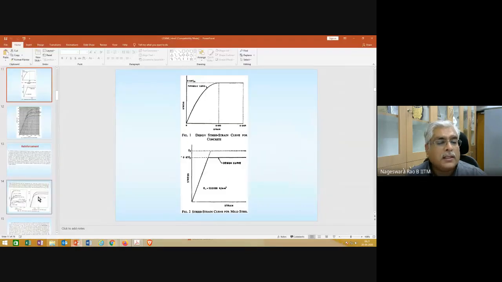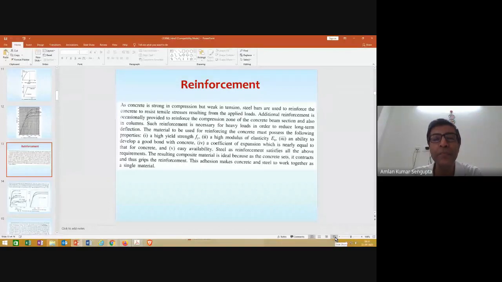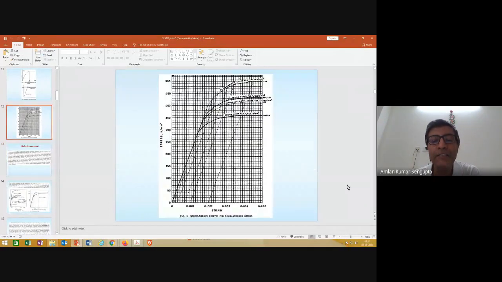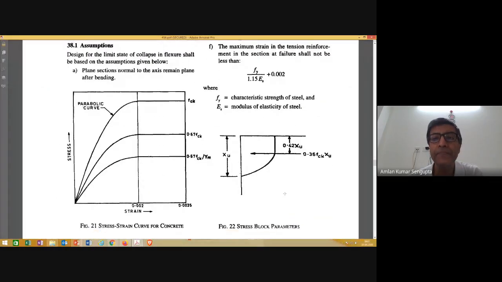Any questions? Professor Amlan, you want to add something? See, one important point I wish to mention is that for the concrete stress strain curve, the material partial safety factor is used from the very beginning itself. If you look at the characteristic curve versus the design curve, it deviates from the characteristic curve right from the origin. Whereas for the steel, the material safety factor is not applied initially.